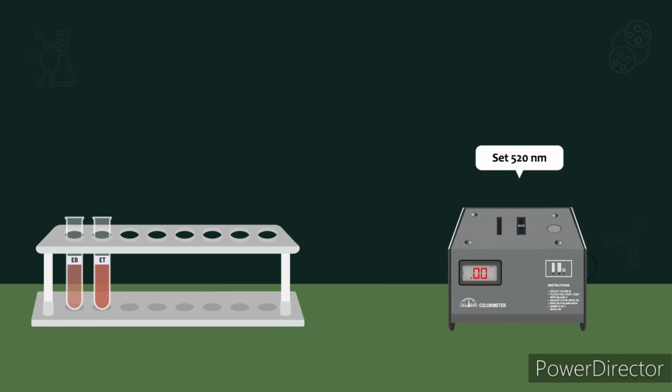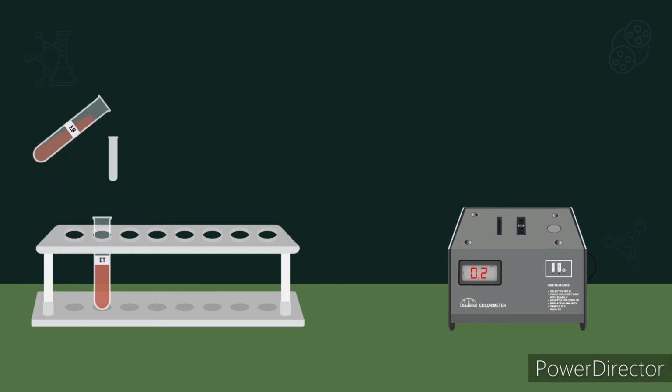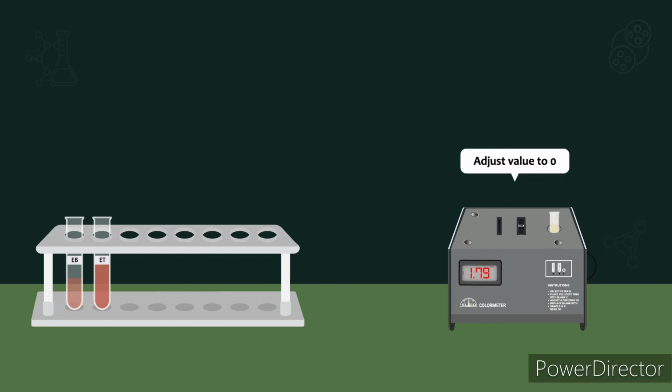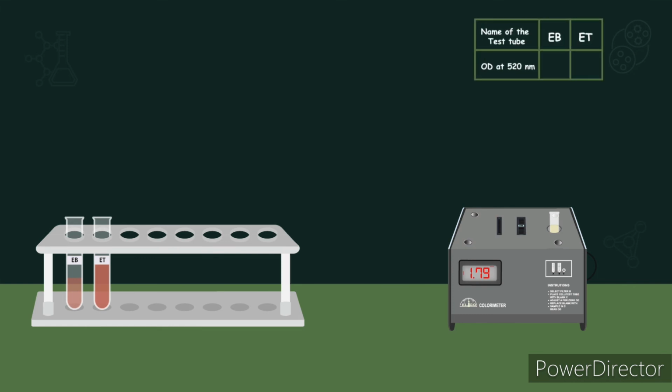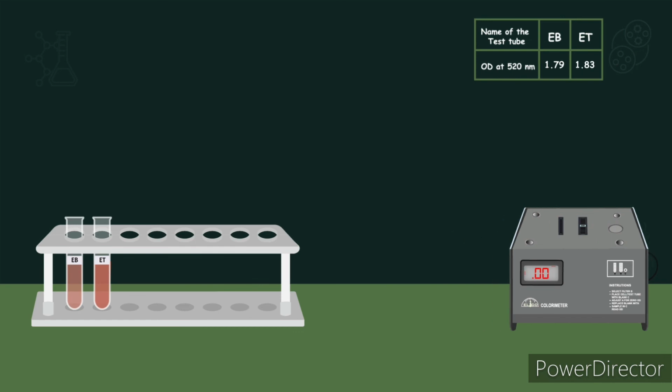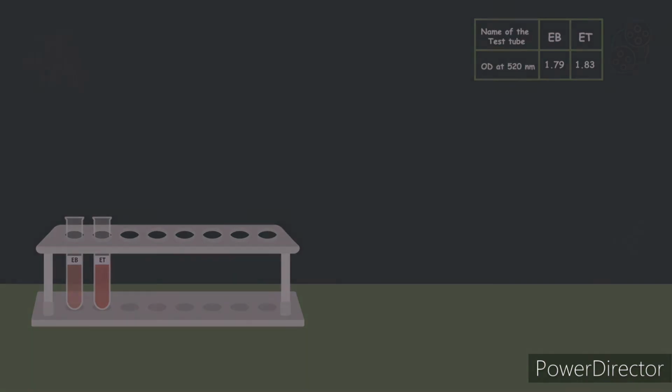So meantime, we are looking at how we are measuring colorimetrically the color developed in the amylase assay, which is the DNS assay. The formation of a pink color is measured at 520 nanometer.